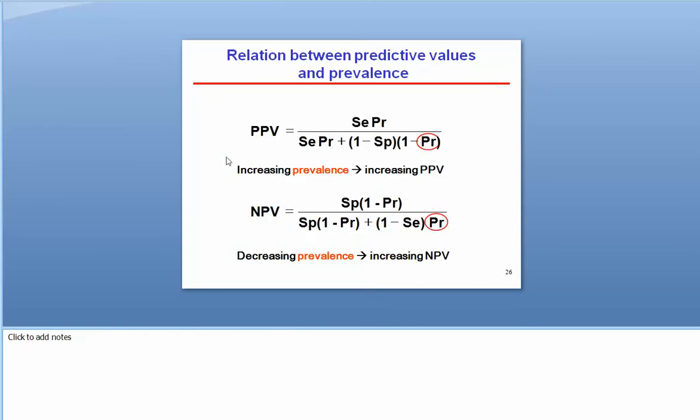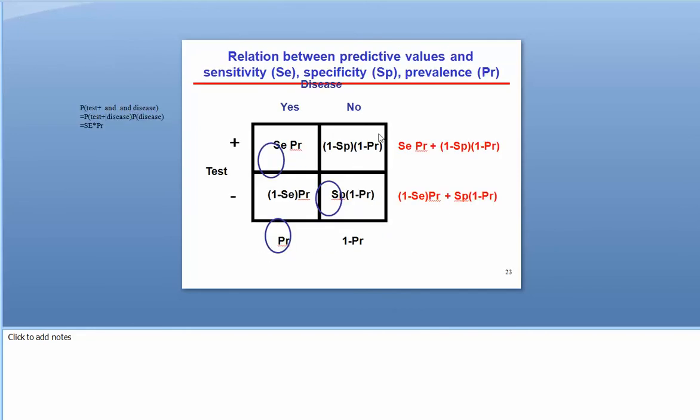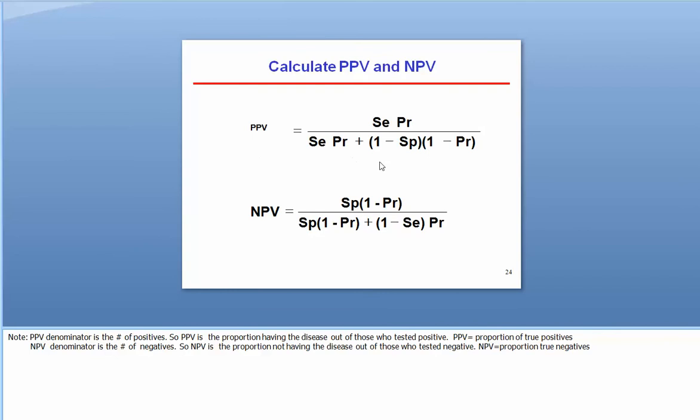If you look at the previous slide, here this is the number of positives, those who tested positive, and this is the number who came out negative. So actually, these are the two things that go in the denominators for the predictive values, the positive one and the negative one.